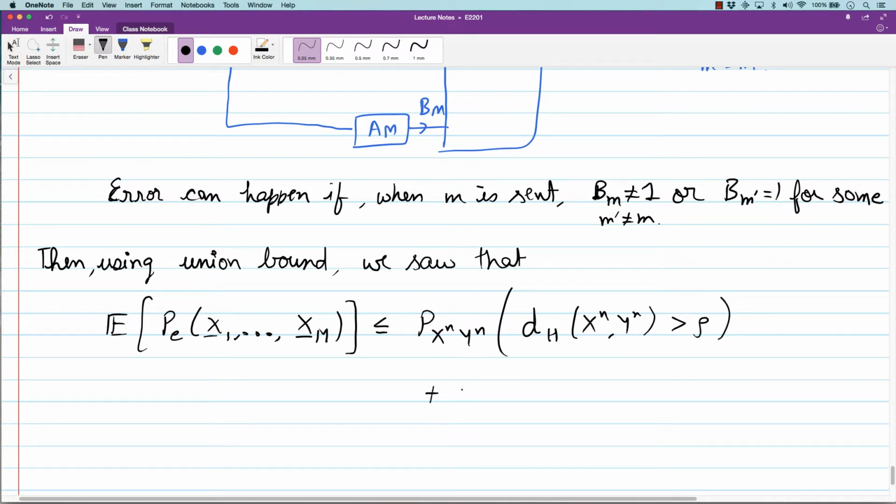The second is M minus 1 times the probability, under the independent distribution, that the Hamming distance is at most rho, for one of the other m' showing 1.